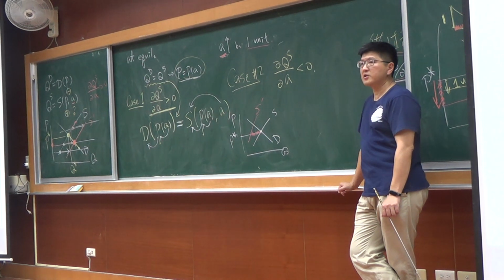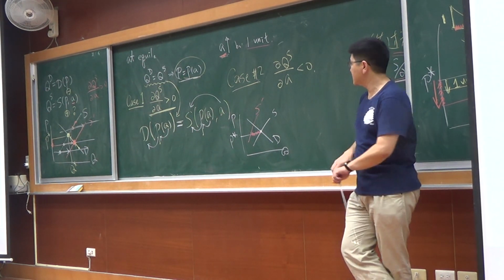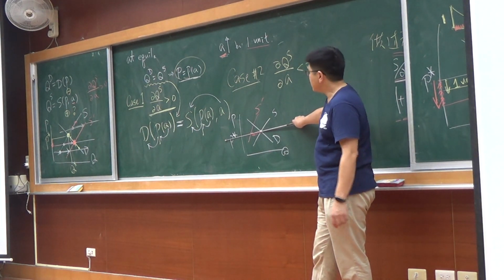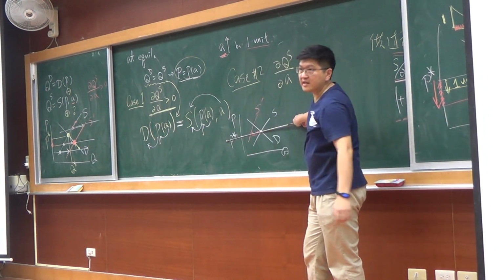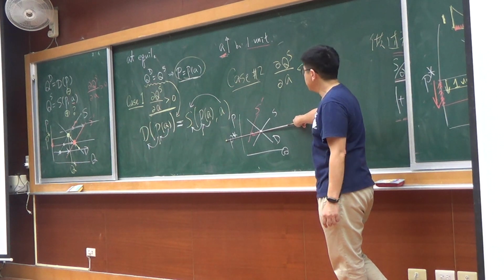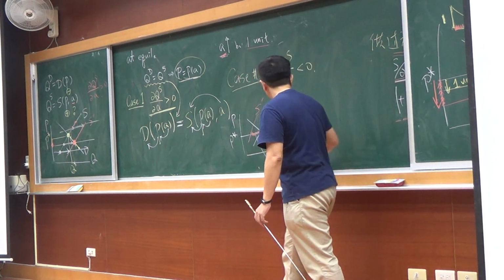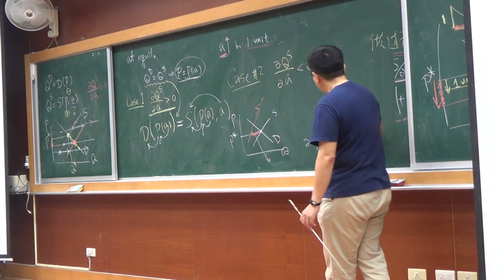Because it's a partial differentiation in A, holding P constant. So you hold P constant to study the effect caused by the change in A. Okay? So this part would be partial S, partial A, and it's negative.